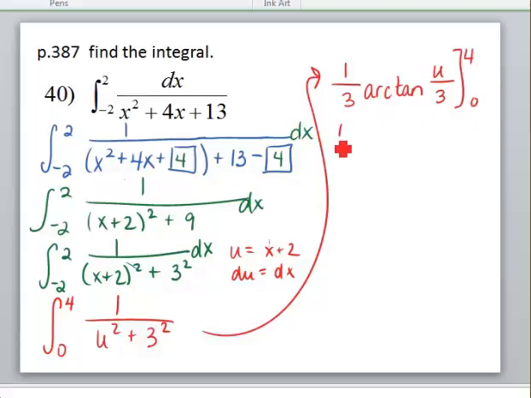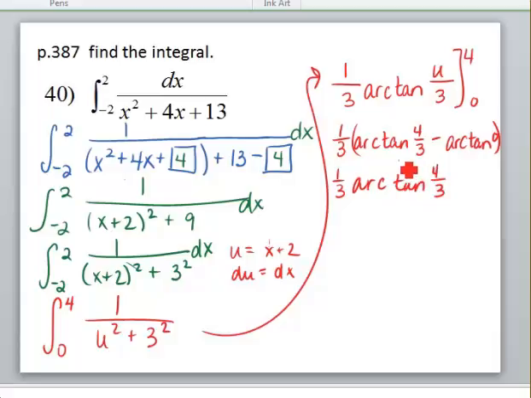So this is going to give me 1/3 arctangent of 4/3 minus the arctangent of 0. Let me go ahead and simplify this. Arctangent of 0 is 0, and so my answer is just 1/3 arctangent of 4/3.